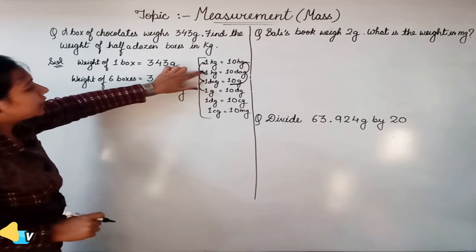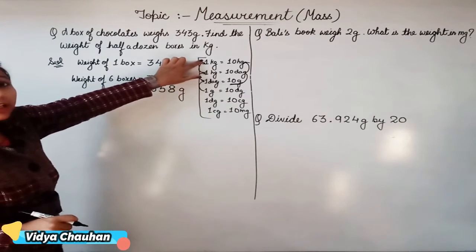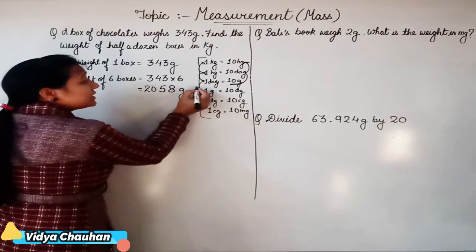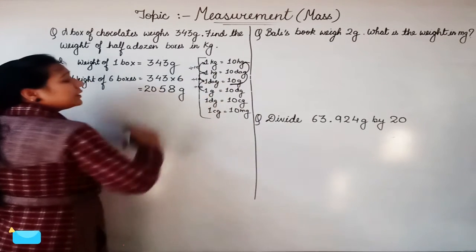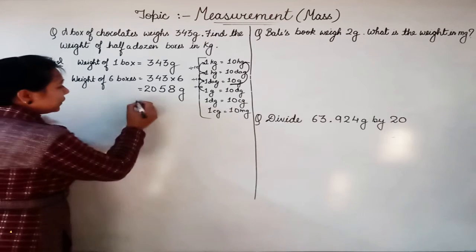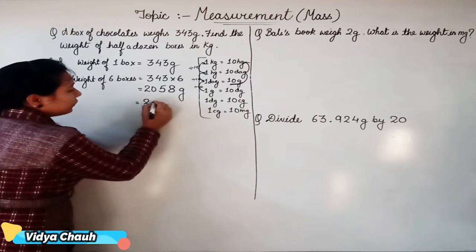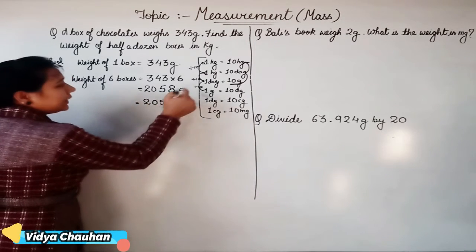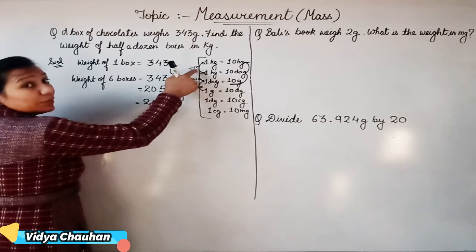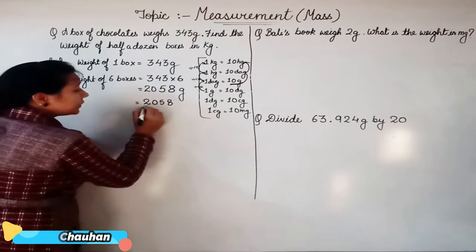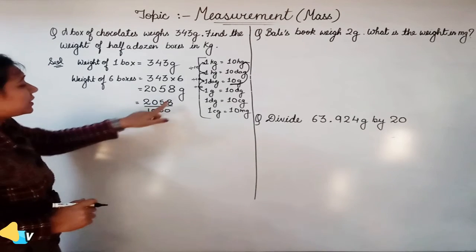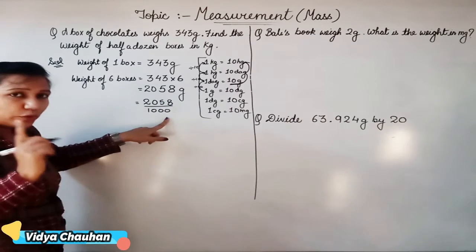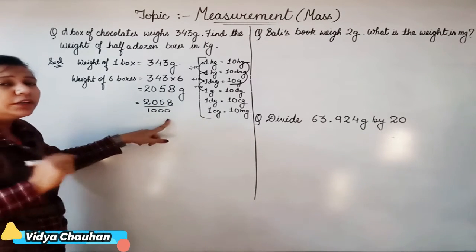And every time, since it is smaller unit to bigger unit, that means it will be divided by 10. So when we combine all these 3, 10, 10, 10, it will become 1000. So that means we are going to divide 2058 gram by 1000 to convert this value into kilograms.